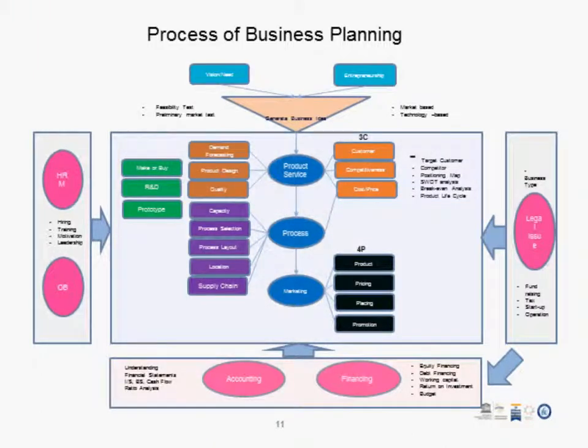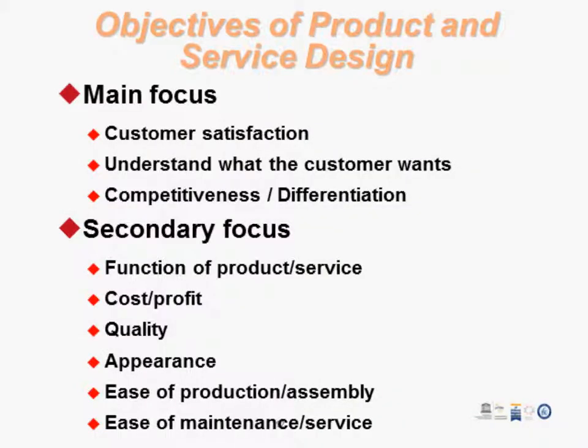So now I move to this: when you have a business idea, the next step is you need to design your product. When you do the product or service design, the main objective is you need to satisfy customers.